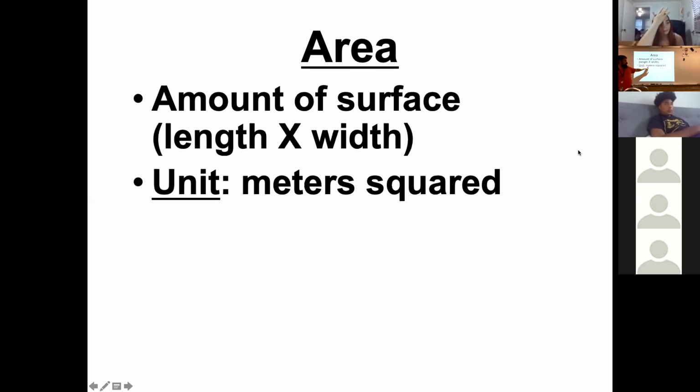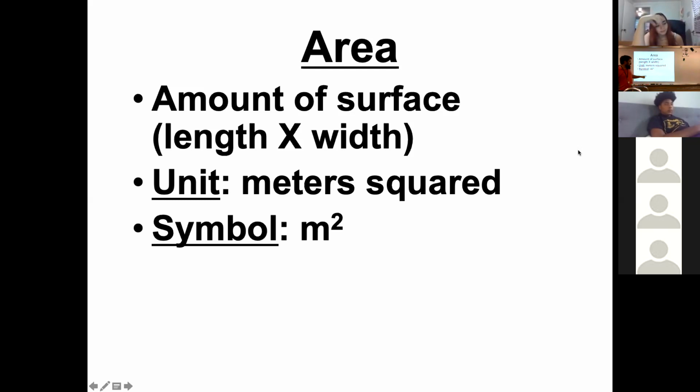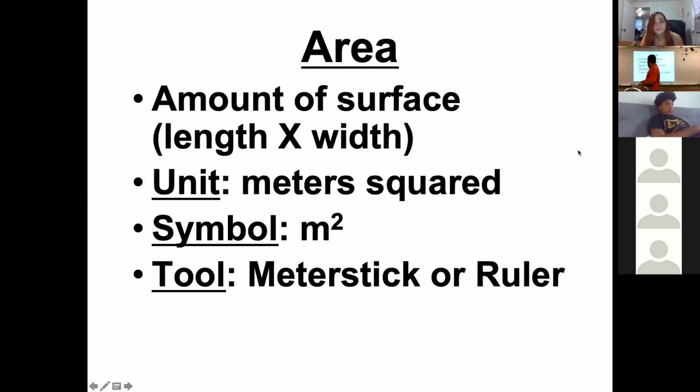And so here our units are meters, but meters squared. So we often will write that little m for meters and then squared, just kind of like you would in math if you said 5 squared, where you would put a 5 and then a little tiny 2 up top of it. That's your meters squared symbol. So again, the tool we use is still going to be a meter stick or a ruler.